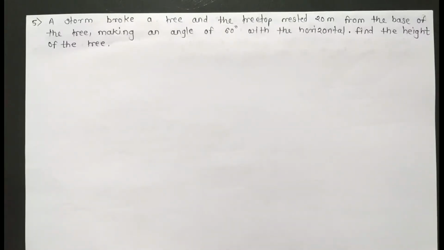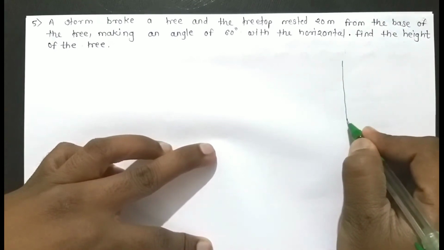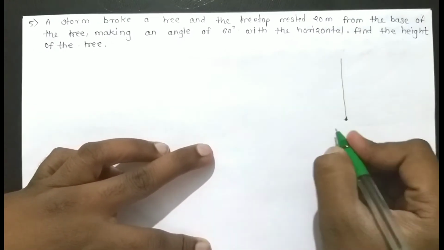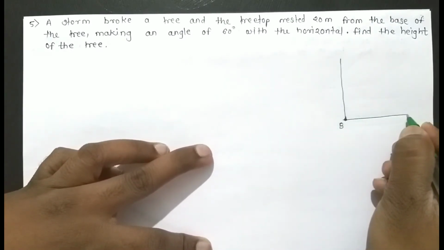Let us turn towards the fifth example. A storm broke a tree and the tree top rested 20 meter from the base of the tree. So this is the tree and point B is the base. Okay, this is ground.